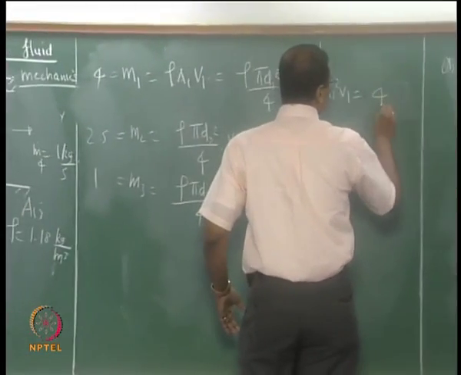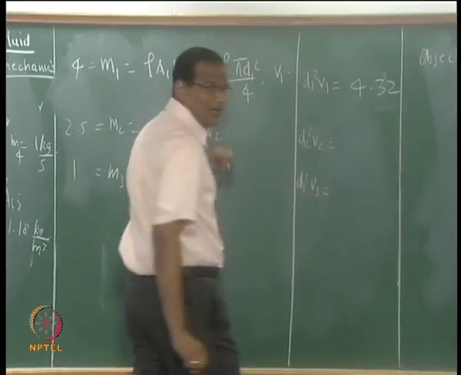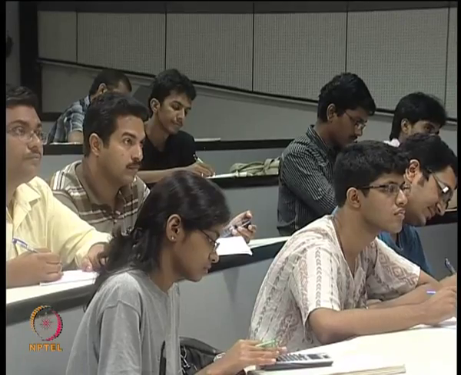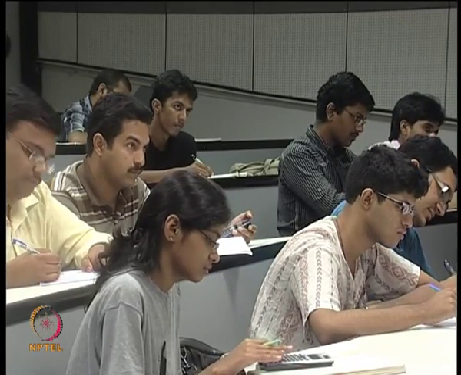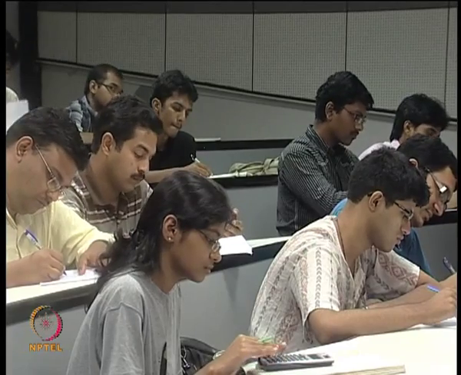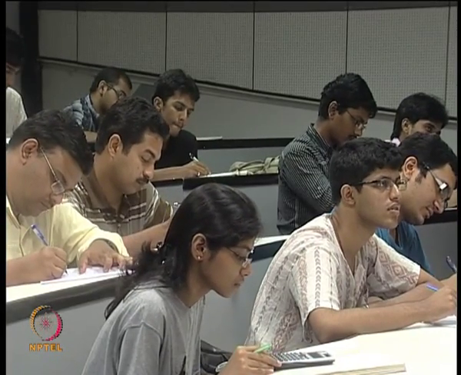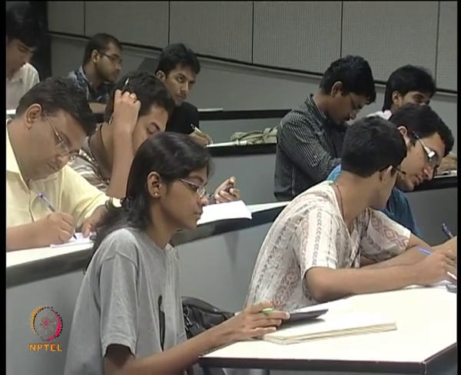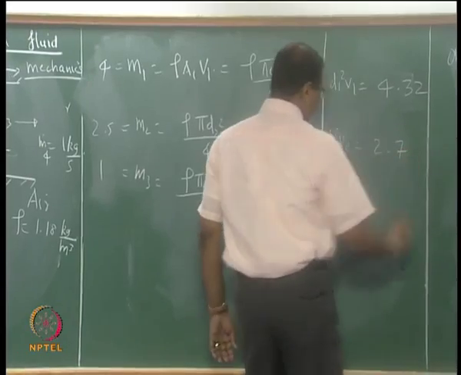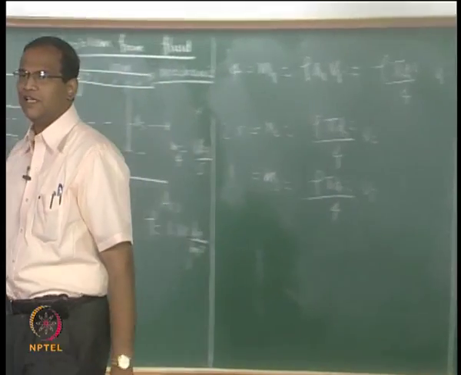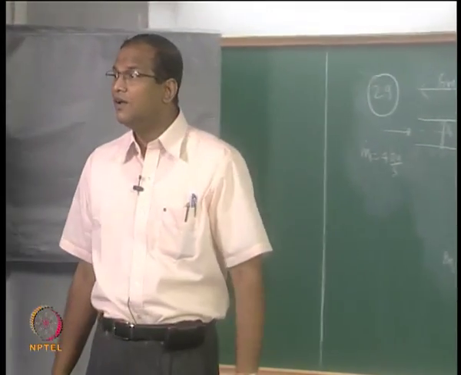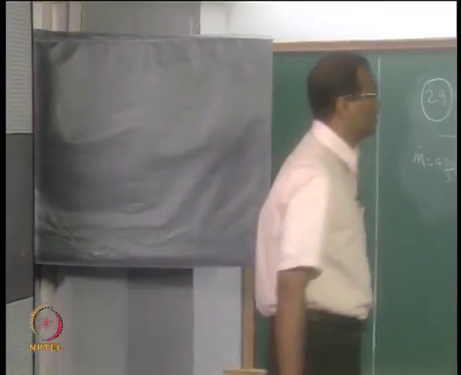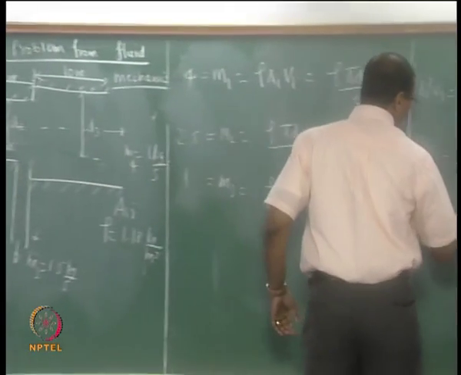Then d2 squared v2, 2.7. 2.7, okay, fine. d3 squared v3, 1.08, fine.